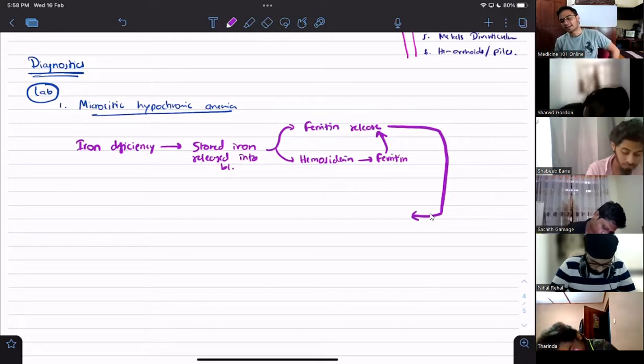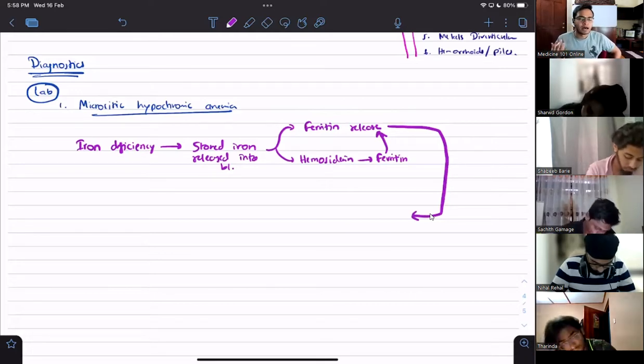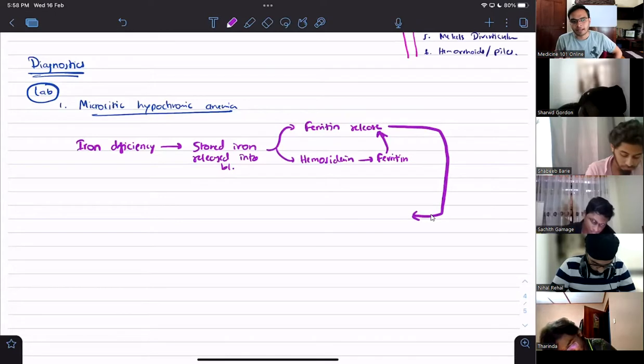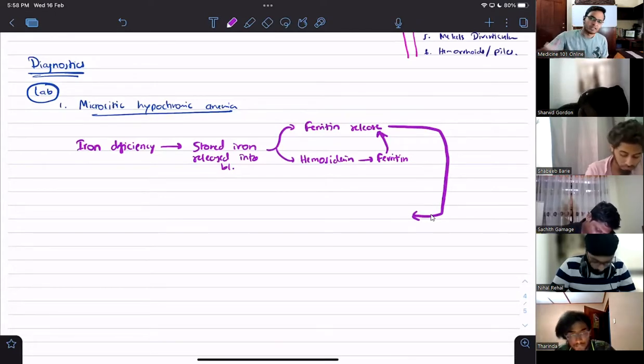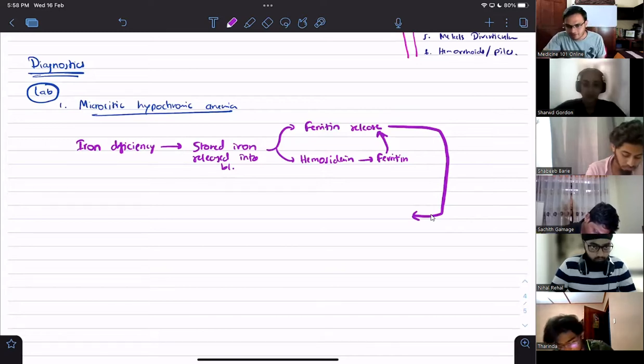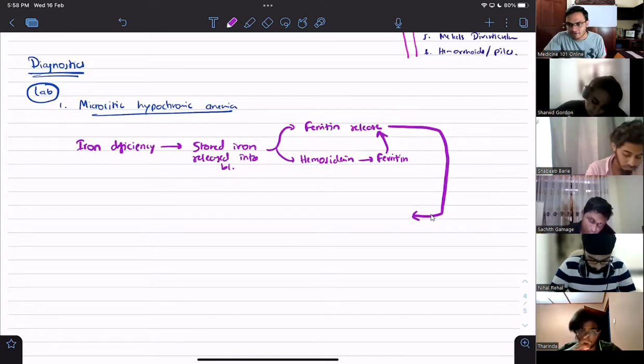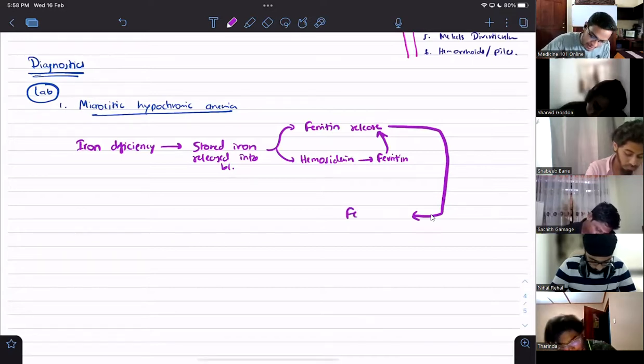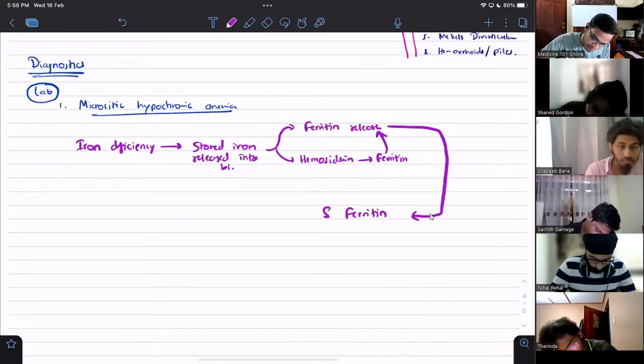Initially, ferritin will be in the normal range or a little bit high. But in a case of severe iron deficiency, do you think these ferritin releases will be enough? No. So what is happening, guys? Serum ferritin, you can say, is excessively used up.